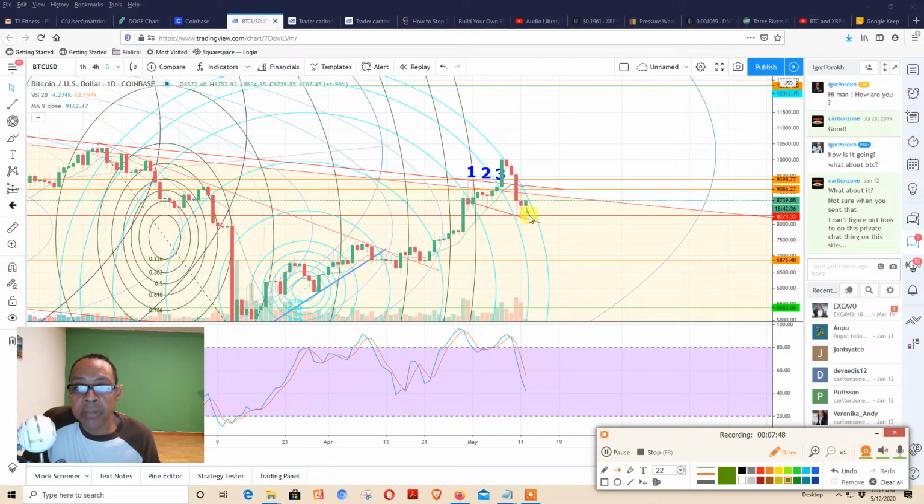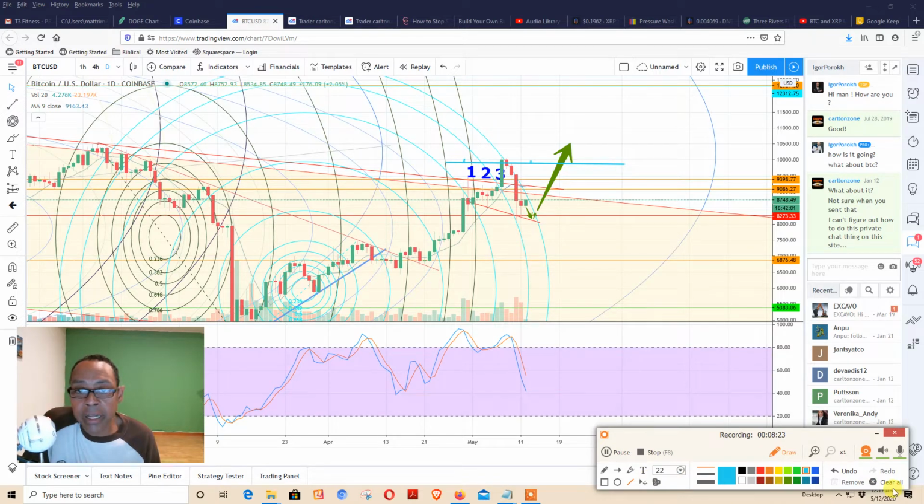If we settle on this baseline and it provides support again, and then we jump off of this ring and it hits in a positive direction, and we come back up to the top of this trading channel and break through again, if we come up above the previous peaks 1, 2, and 3, and also this previous peak that we just made right here, okay, if this happens, then we're off to the races.